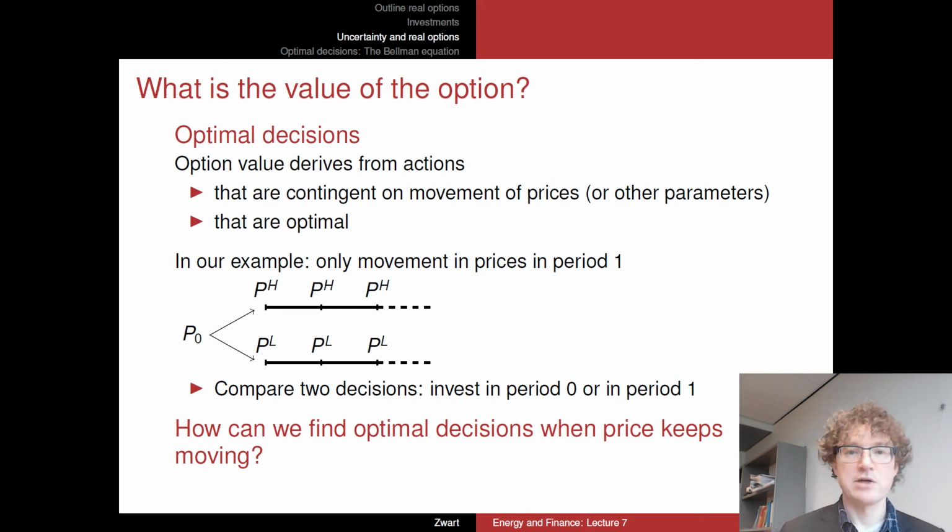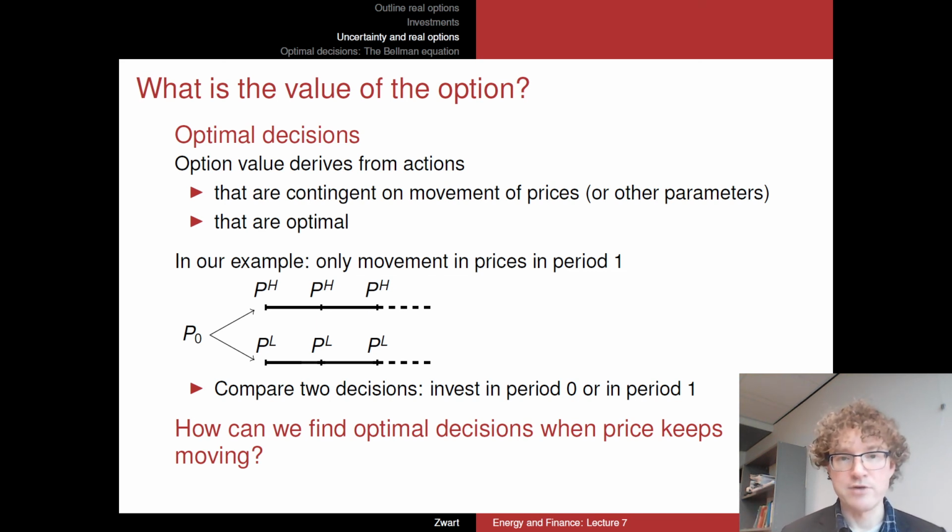The option value derives from those future actions, which are contingent on movements of prices or costs, or perhaps other parameters like subsidies. And we will take into account that we are going to make the optimal decision given the information that we have at that point in time.